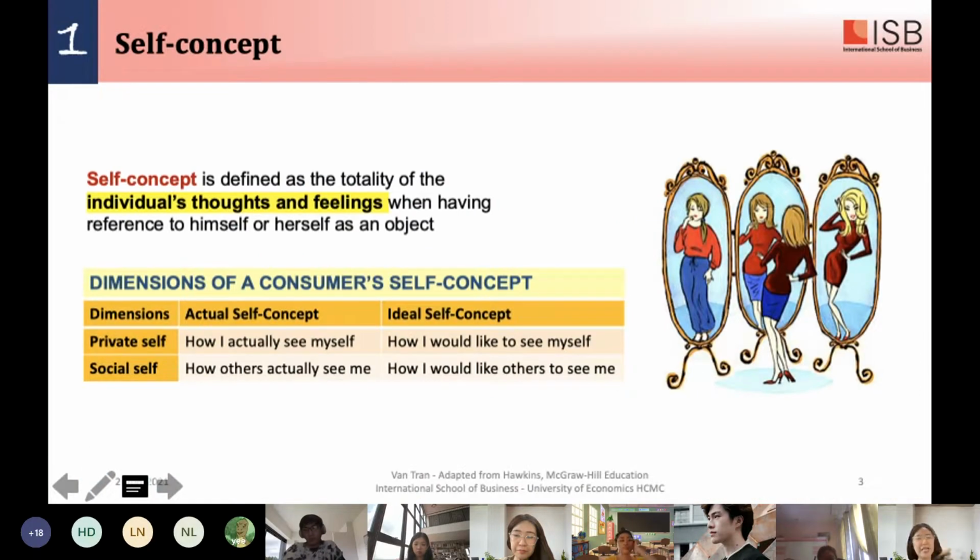Self-concept is defined as all of the individual thoughts and feelings that someone has towards himself or herself as an object. Imagine that you step outside of your body and look back at yourself. What do you see? What do you think, and how do you feel about yourself?